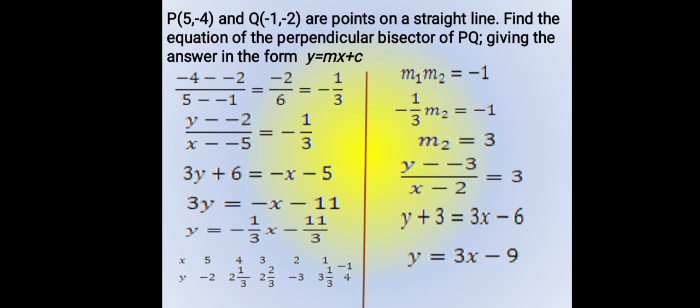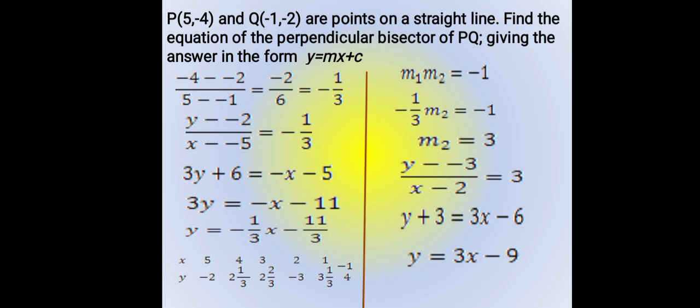Now, one thing we must note here is that because the other line is a perpendicular bisector to the line PQ, it must divide the line into two equal parts. That's one thing. And the gradients of these two lines, when you multiply, they should give -1.